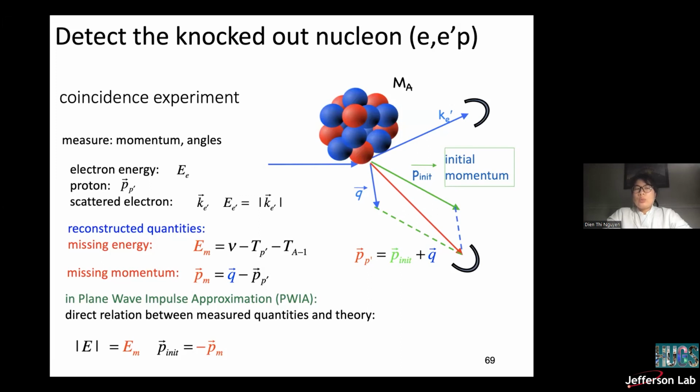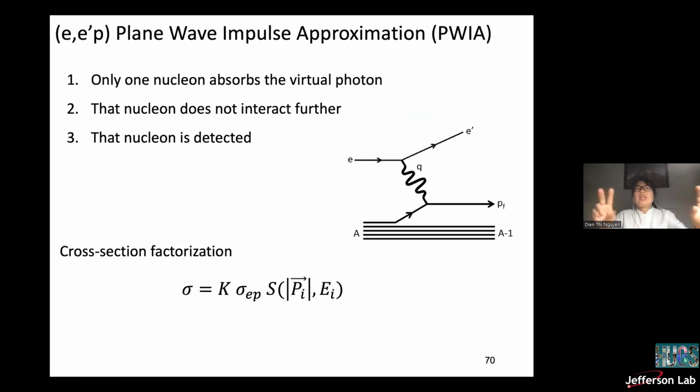Another assumption we put in here is the plane wave impulse approximation. Just a few words about this. It is not a fancy name for an assumption that only one nucleon interacts with the virtual photon, and this nucleon does not interact further. It comes out without re-interacting with the A-1 system, and we detect this knocked-out proton.